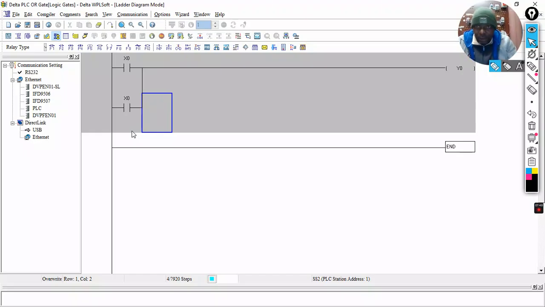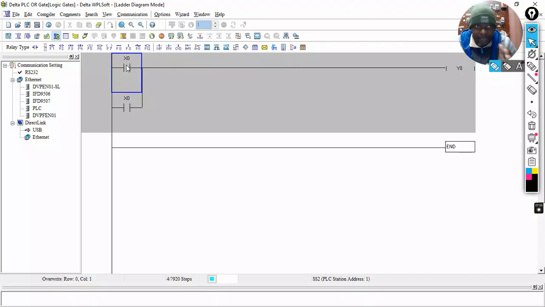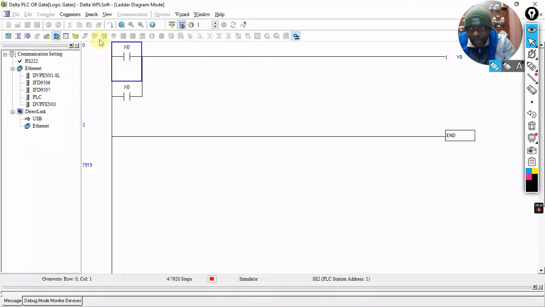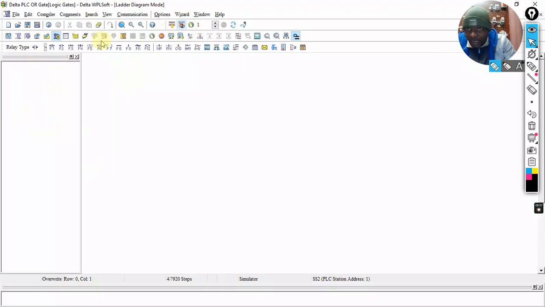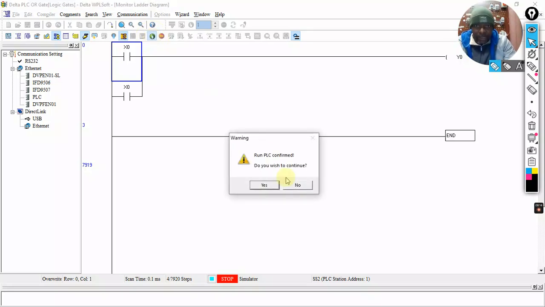This can be a typical exam question, right? Let's rather go on to simulate, debug, good practice, and then go online, and now we run.